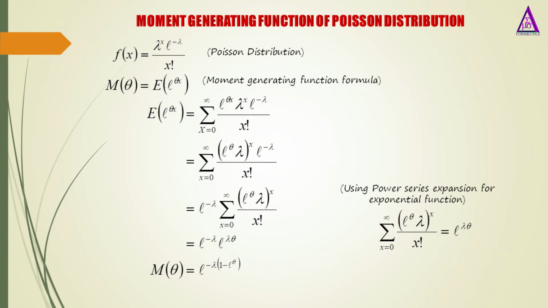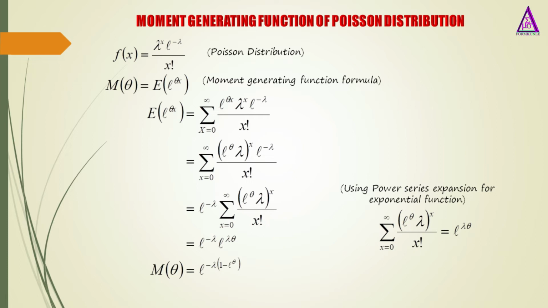So therefore we factorize exponential raised to power negative lambda out, and we have summation x ranges from 0 to infinity into the bracket exponential raised to power theta lambda close the bracket all raised to power x divided by x factorial.